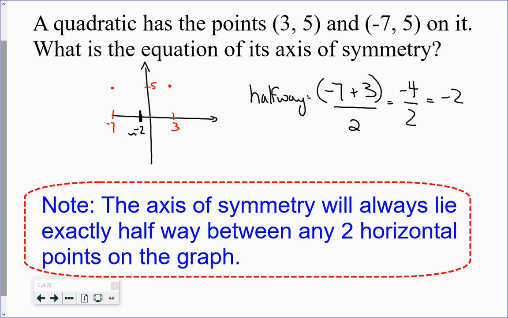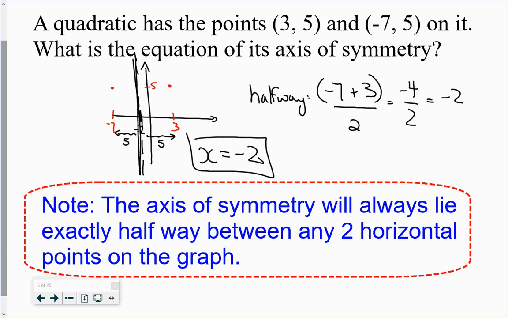So from negative 2 to negative 7, that would be jumps of 5. And from negative 2 to 3 would also be jumps of 5. So again, it's 5 from each. So what is the axis of symmetry? It's x equals negative 2. It's halfway. So again, that's my halfway line. I don't know if my quadratic goes like this or if my quadratic goes like that. But I do know that the vertex and the axis of symmetry will be at negative 2.